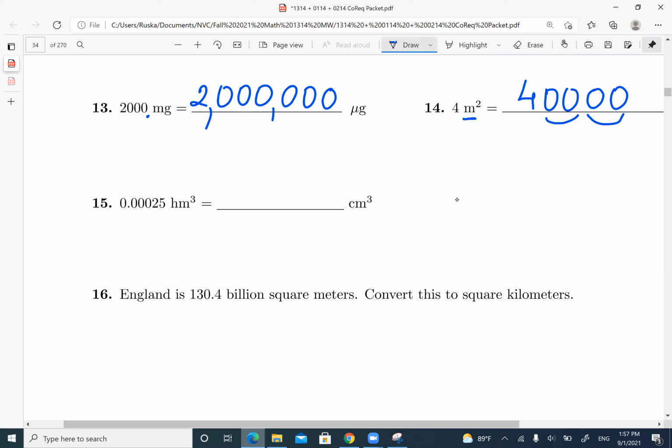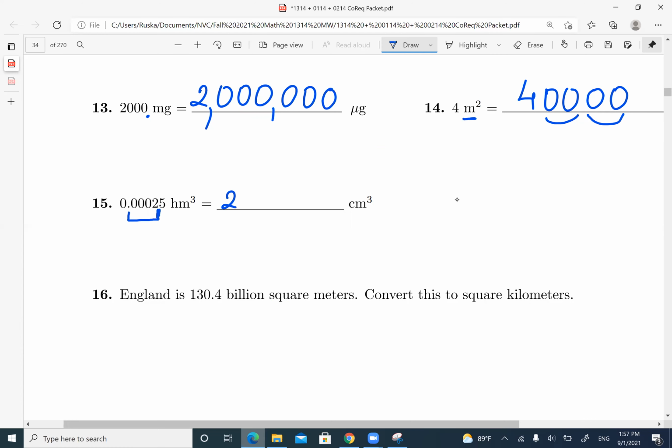There's going to be 1, 2, 3, 4 here. And then 2 more times. So 4 places, and then I'm going to put 4 more places. So this is another 4 places.